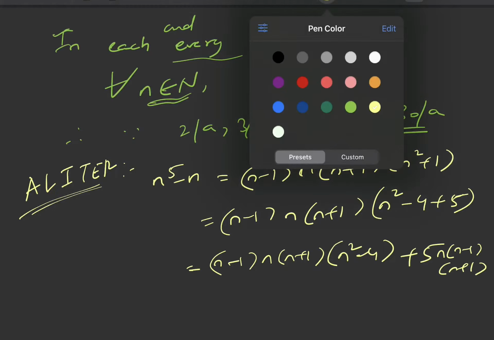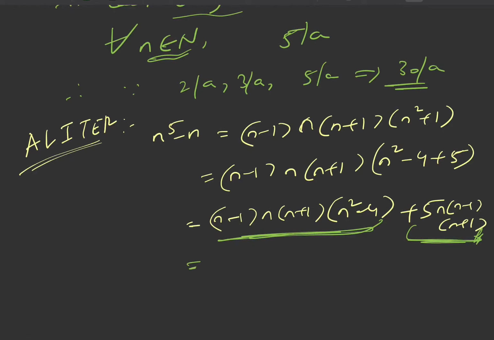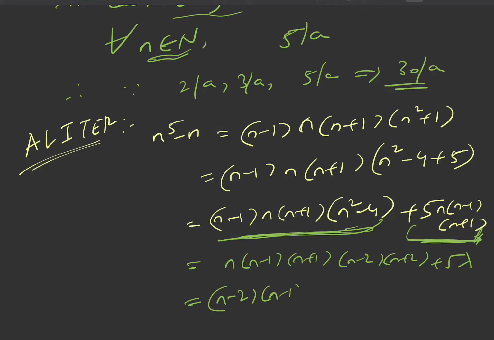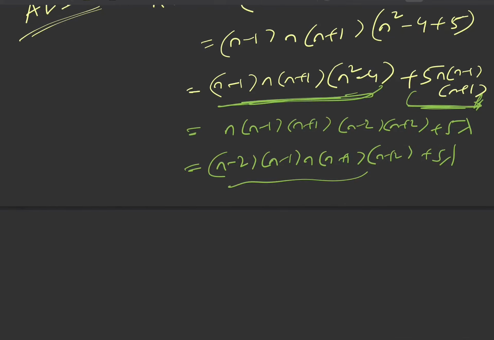So clearly this thing is a multiple of 5 only. We need to prove that this is a multiple of 5. So this is n minus 1, n plus 1, and n square minus 4 is n minus 2 times n plus 2, plus some 5 lambda, right? So this you can see: n minus 2, n minus 1, n, n plus 1, n plus 2, plus 5 lambda. In 5 consecutive integers, exactly 1 will be a multiple of 5, clearly.